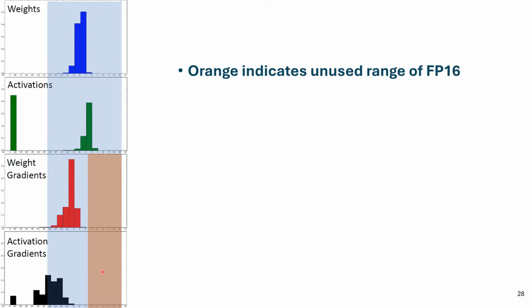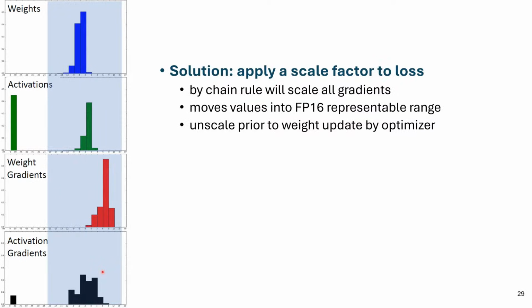The solution, once that was observed: for gradients, if we multiply them by a scale factor, they will shift to the right. If you find a scale factor and multiply your loss by it, then by chain rule all of your gradients, both weight and activation gradients, get scaled by the same value.